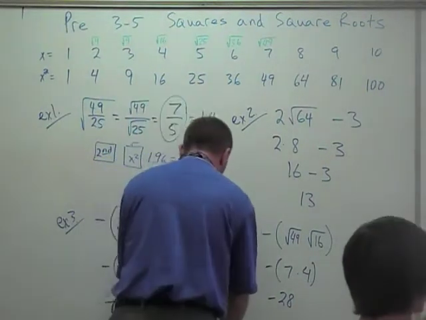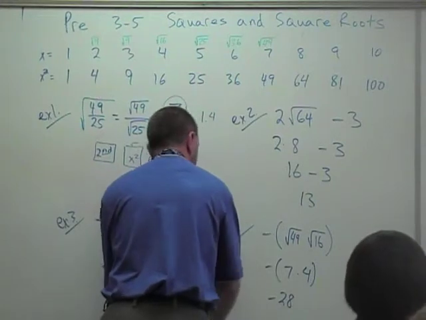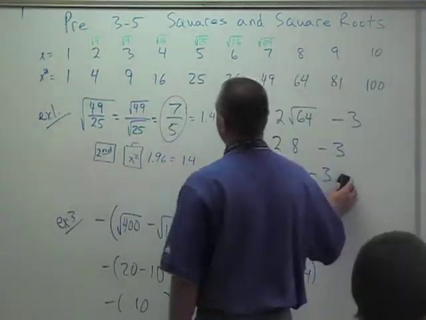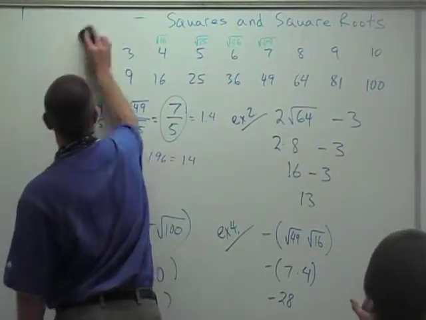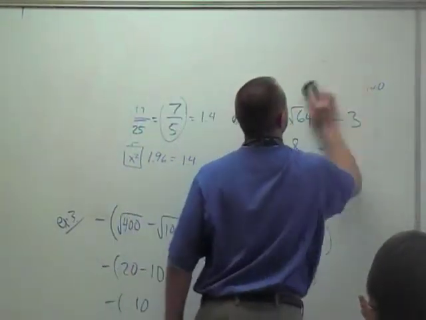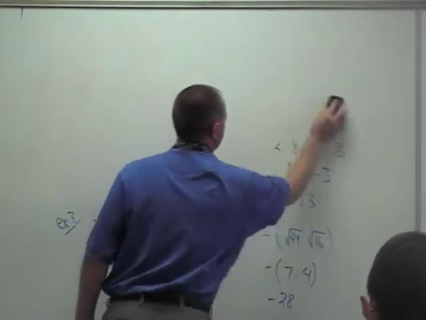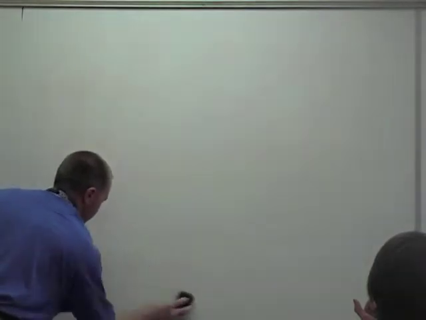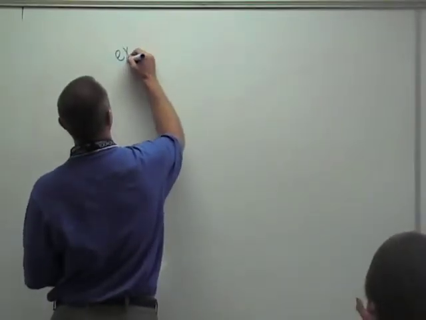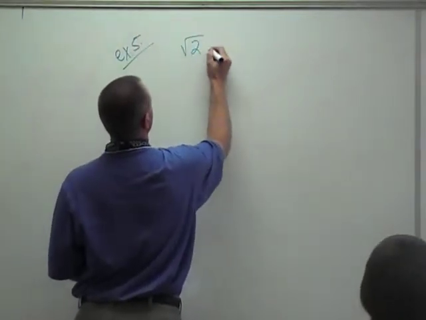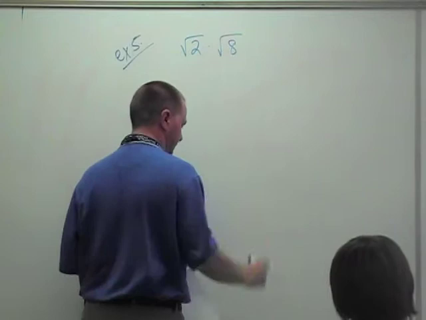Okay, now there's one thing I want to show you. Example 5. Let me erase this. Example 5. The square root of 2 times the square root of 8.